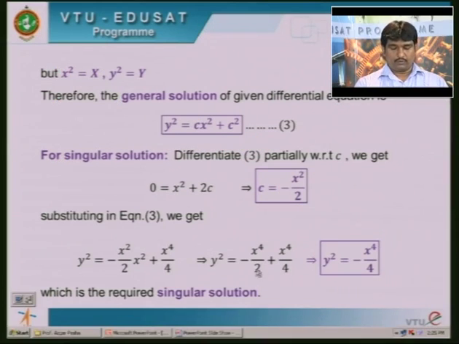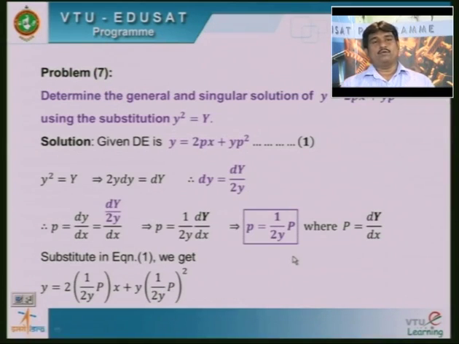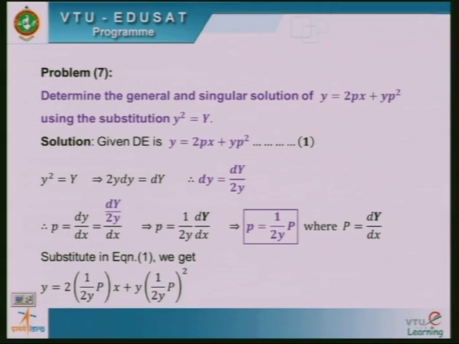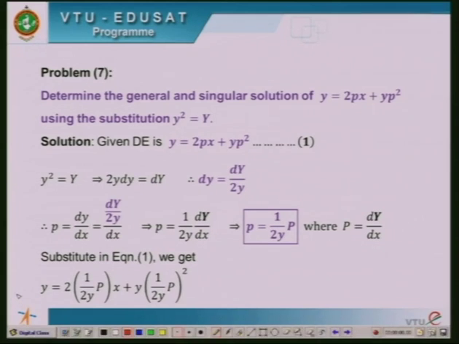Problem number 7. Determine the general and singular solution of y equals 2px plus yp square using the substitution y square equals capital Y. So in this case I am not changing the independent variable, I am just changing the dependent variable.